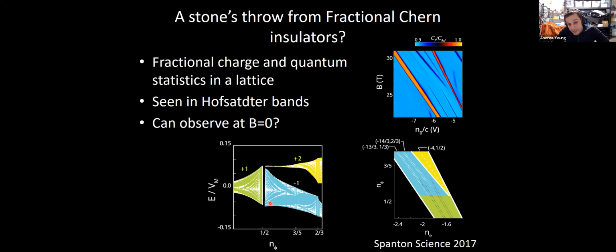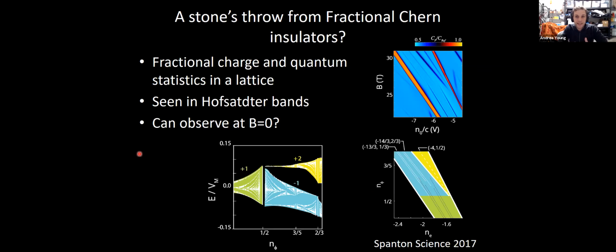So fractional Chern insulators are sort of really where we would like to go here, right? They're states that have fractional charge and fractional quantum statistics. They live on a lattice, and we've seen them in these Hofstadter bands. Let's say at partial filling of a Chern -1 or a Chern 2 band, you can see states that have a fractionally quantized Hall effect, but finite amount of charge bound to the lattice.